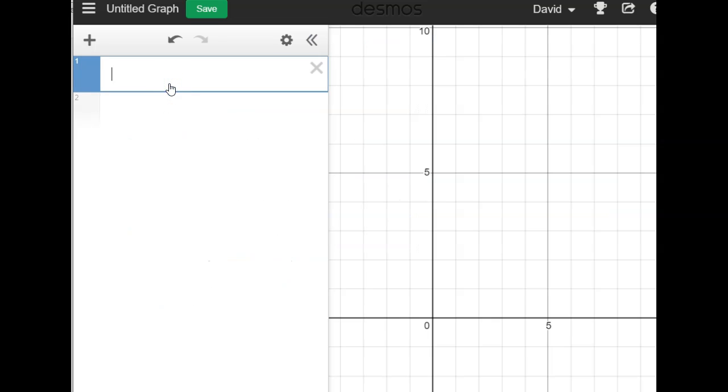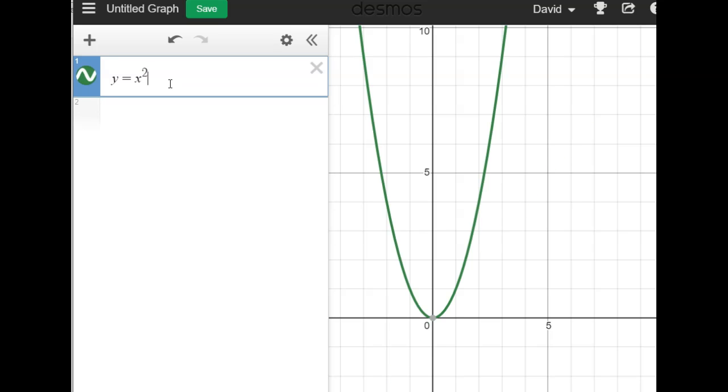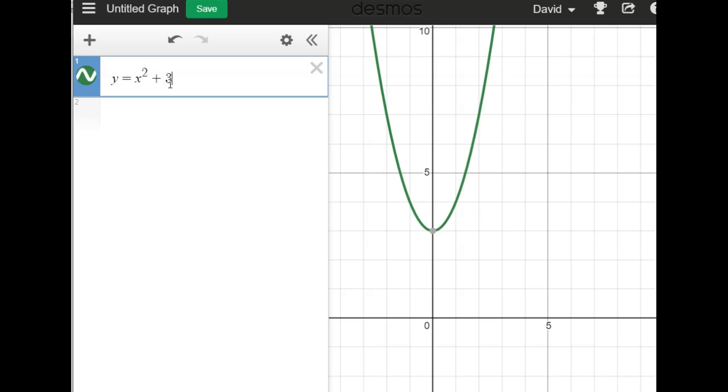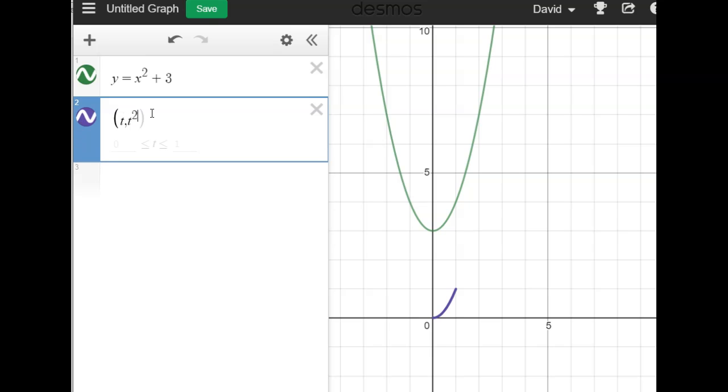Now, if I plot this, my original function was y is equal to x squared plus 3. So that's just a parabola that opens upward, shifted up 3 units. And then my parametric representation was t for x, and just replacing x with that parameter for y.